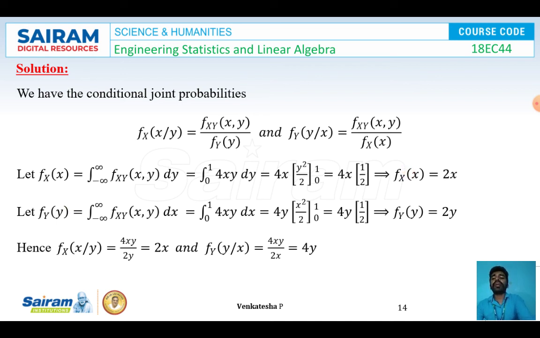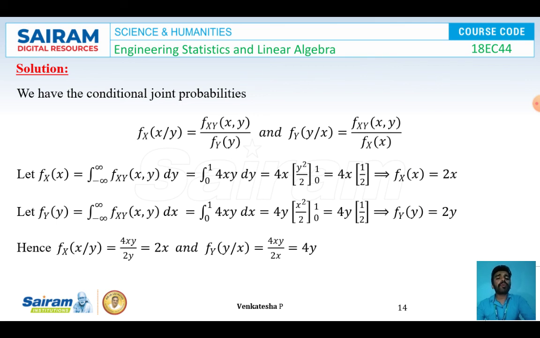It is given by the integration from minus infinity to plus infinity of f_XY(x,y) dx. Replacing f_XY(x,y) as 4xy along with the limit for x as 0 to 1, I got the integral from 0 to 1 of 4xy dx. Integrating with respect to x, keeping 4y constant, I got x squared by 2 between the limits 0 and 1. After applying the limit, I got 4y into 1 by 2, which is equal to 2y.